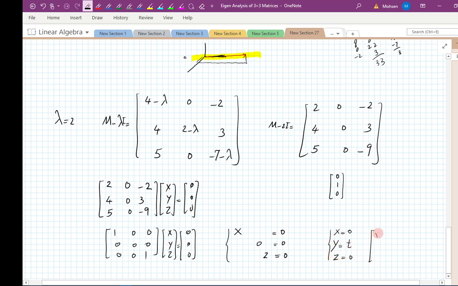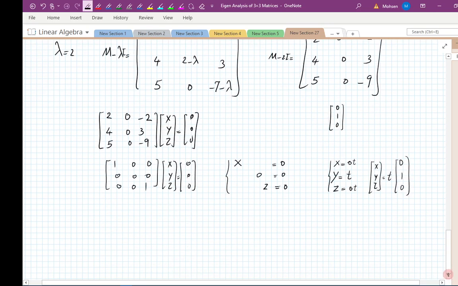So if you want to write x, y, z, think of it as t times 0, 1, 0, and you can factor the t out. Your eigenvector for lambda equal to 2 turns out to be 0, 1, 0.